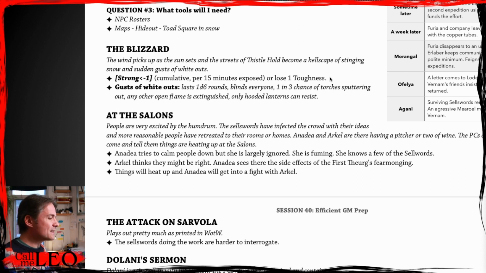So that's important because it gives this information to the players, and it gives it in a way that negatively affects them mechanically. So they're feeling the pain of the cold in a mechanical way. Doesn't really matter how much toughness or whatever. And this is really interesting here, the gusts of whiteouts.